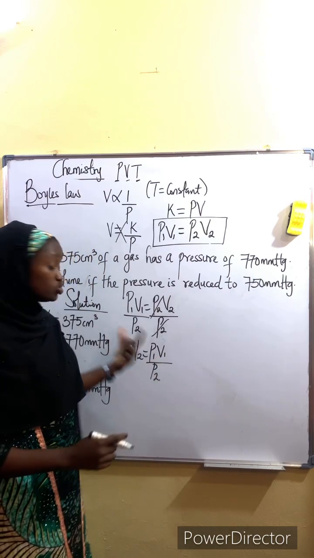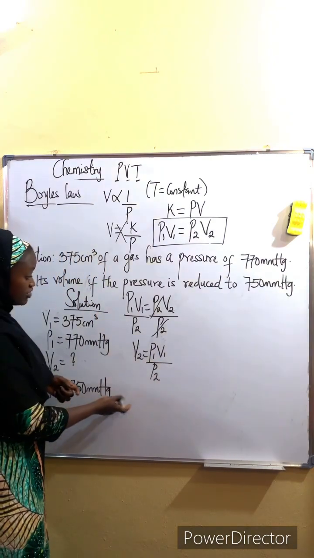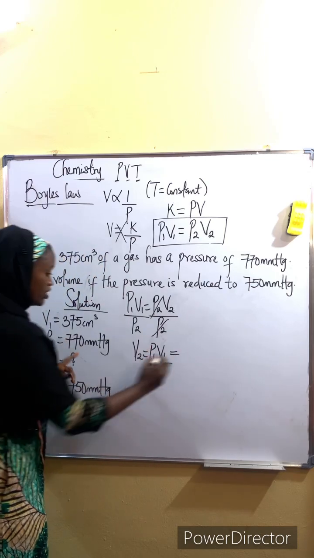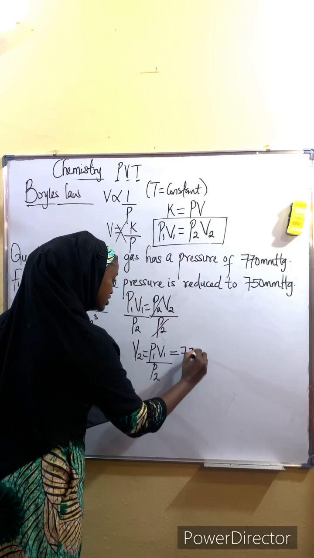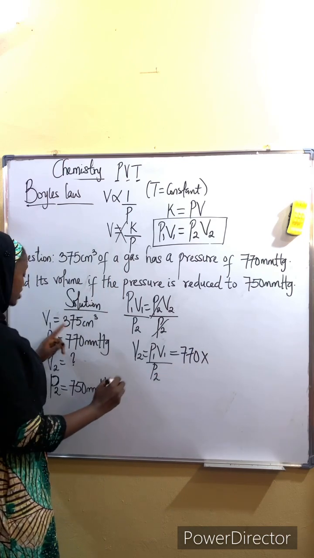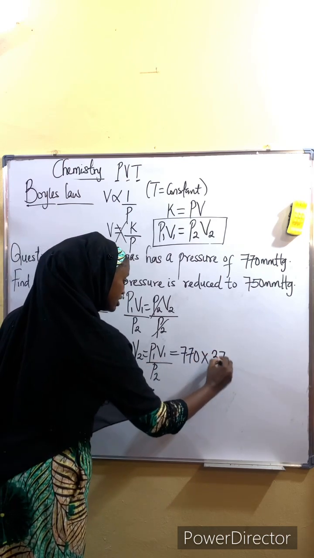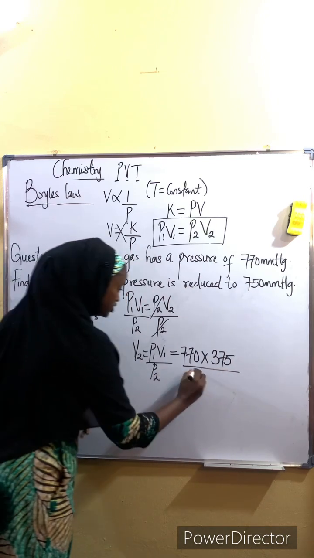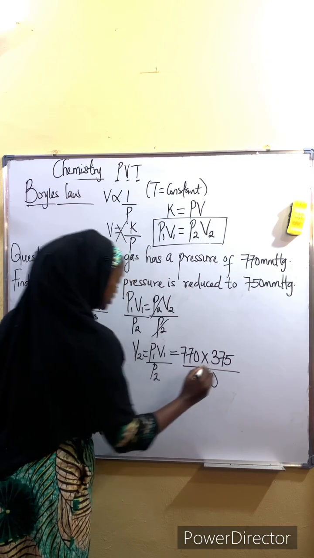From here we can substitute in the figures given and get the final answer. P1 here is 770 times V1, which is 375, all over the value for P2, which is 750.